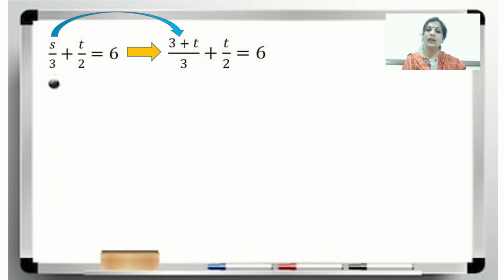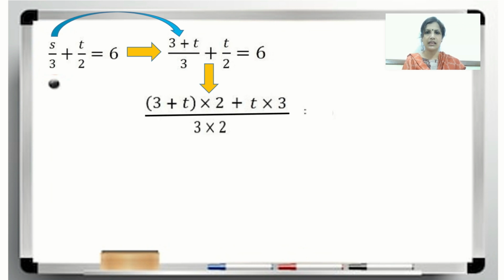We will cross multiply: (3 plus t) into 2 plus 3 into t, upon 3 into 2, is equal to 6. Alright, let's solve this. 3 into 2 is 6, 6 plus 2 into t, that is 2t, plus 3 into t is 3t, upon 6 is equal to 6.